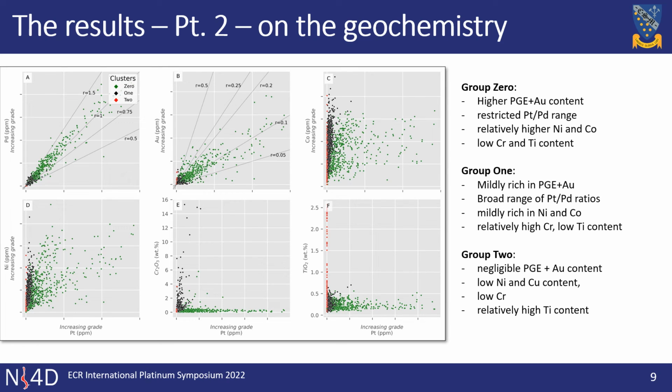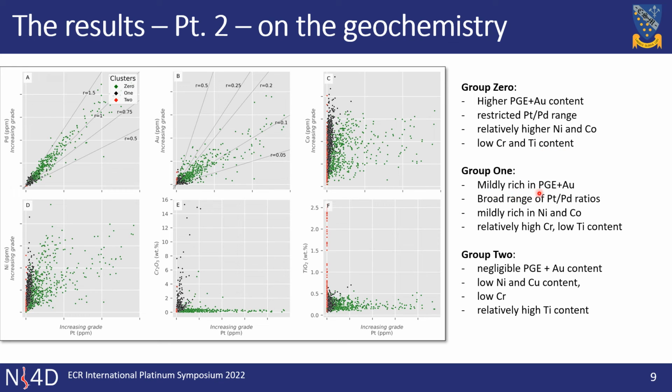Now observing in more detail the PGE content and the other contents across the groups. So Group 0 has higher PGE plus gold content, has a very restricted platinum/palladium range, relatively higher nickel and cobalt, and low chromium and titanium.